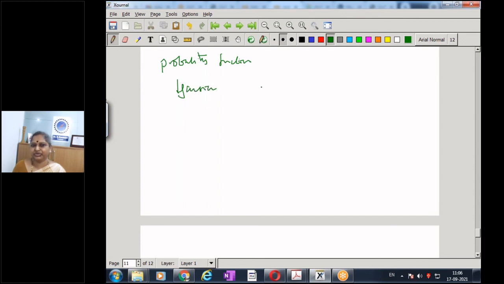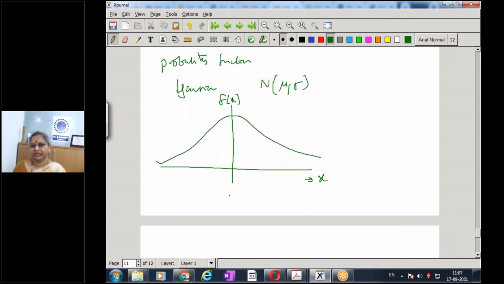Let us say I have a normal distribution with mean mu and sigma, and this is my x, and this is my f of x. Can someone tell me what happens if I do the integration of this Gaussian distribution? What is going to be my integral?